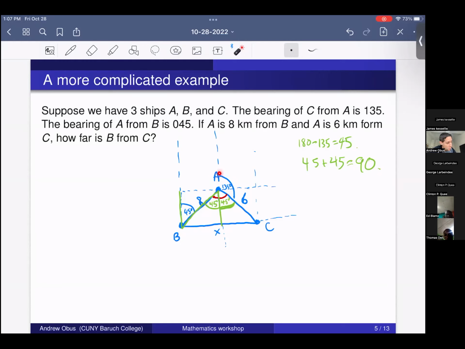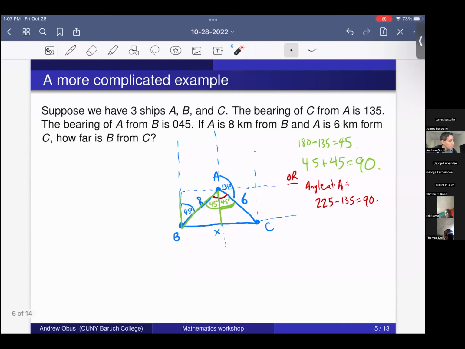If you know this is 135 already, then the angle at A would be 225 minus 135, and that would be 90. So this is another way of doing it. In any case, this is a 90-degree angle. Okay, thank you, Tomas.